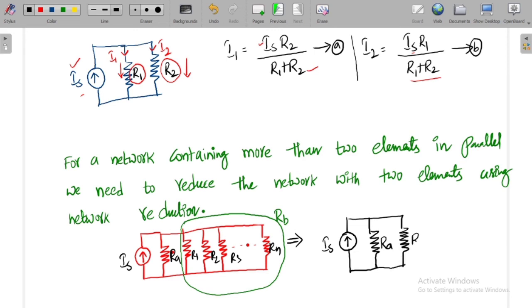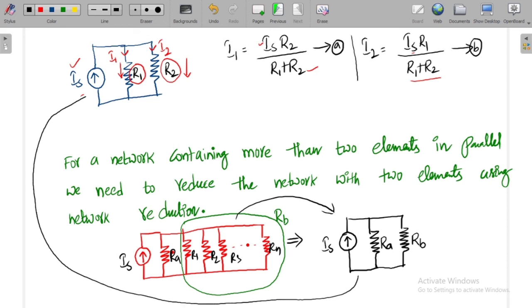I am considering the parallel combination of the remaining n resistors, R1 to Rn, as Rb. By reducing this, we can now easily apply the current division rule which we considered for two elements connected in parallel. So we need to reduce the network to one which contains only two elements.